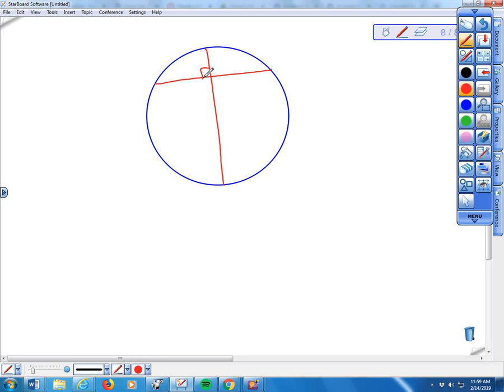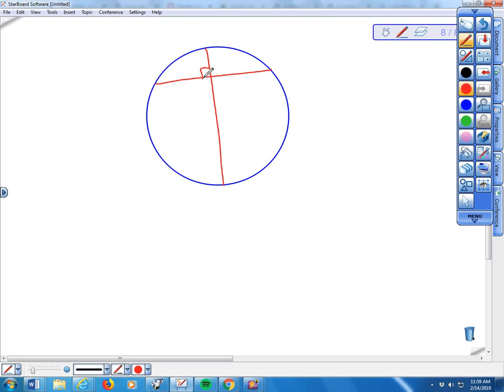That chord that I just drew must be a diameter, which is the longest chord of the circle. So if you're told that it bisects this chord in 2, that longer chord has to be the diameter. That's the second theorem. Okay?